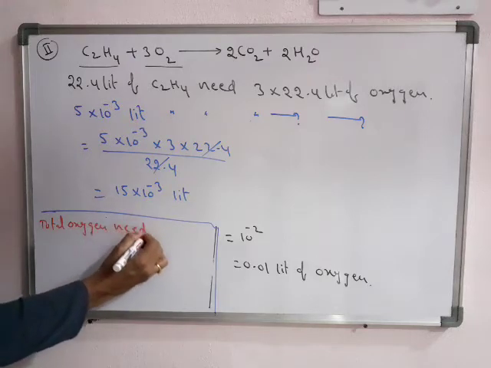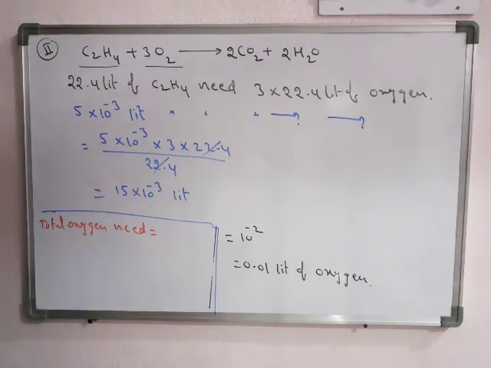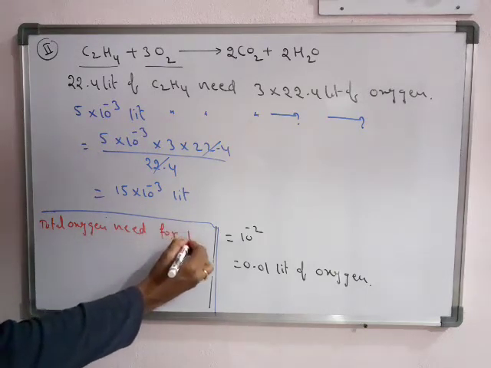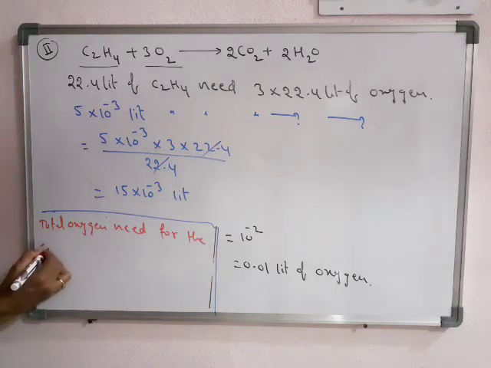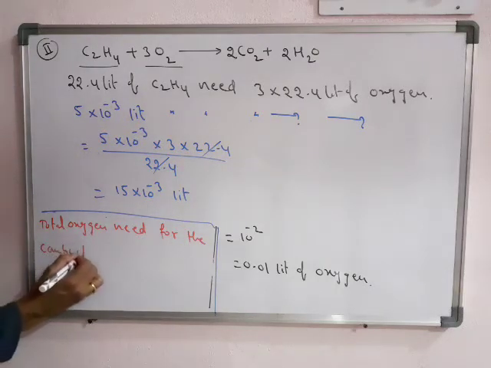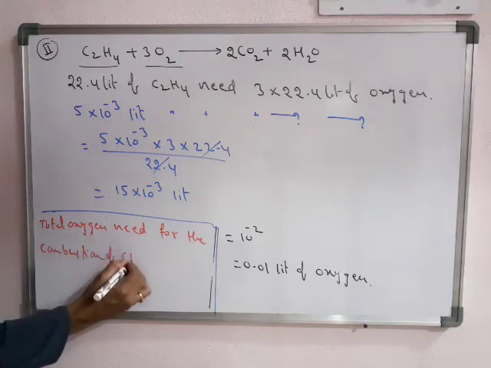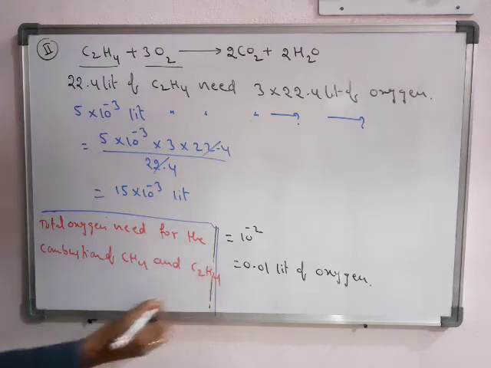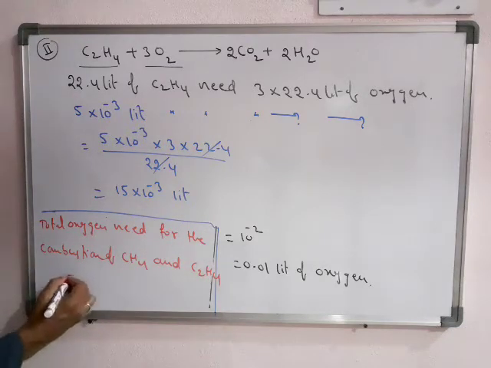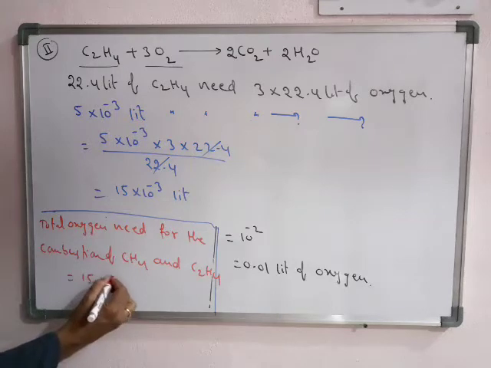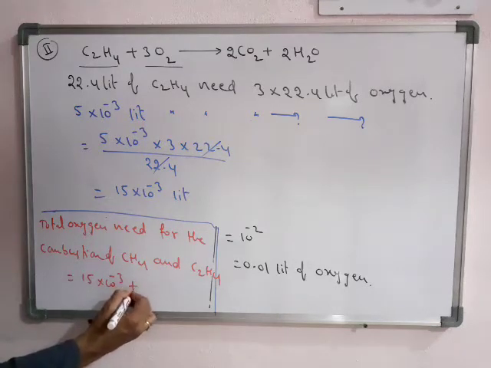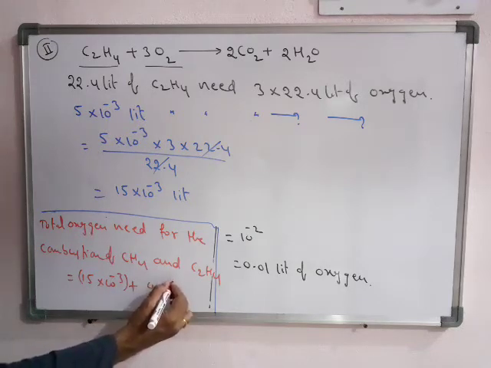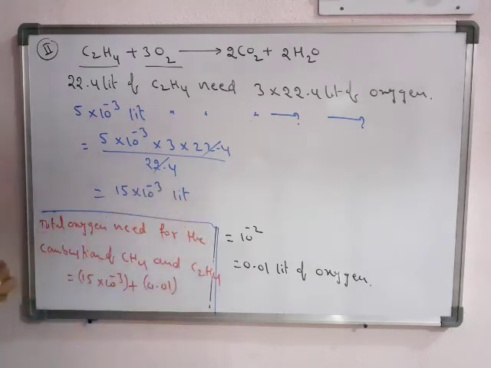How much will we get finally? Total oxygen needed for the combustion of methane and ethene: 15 into 10 power minus 3 liters and 0.01 liters.